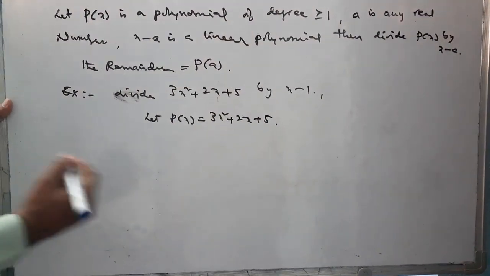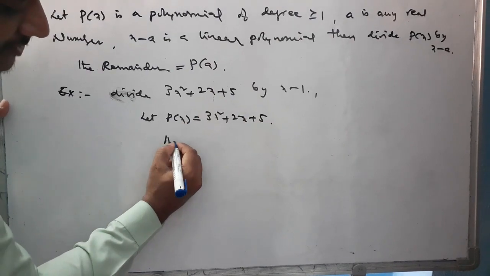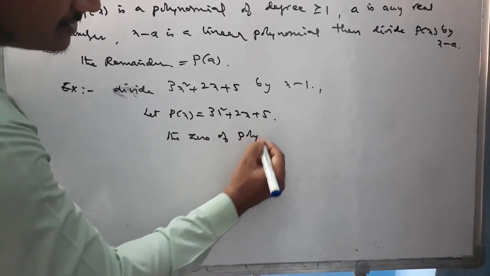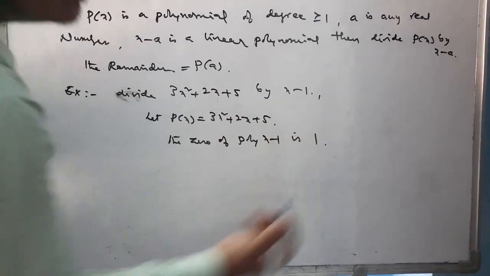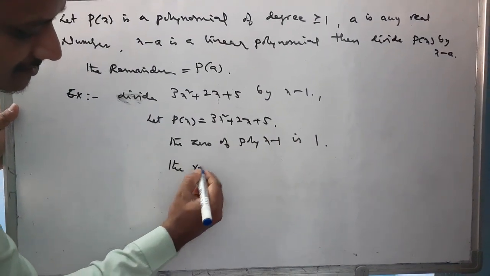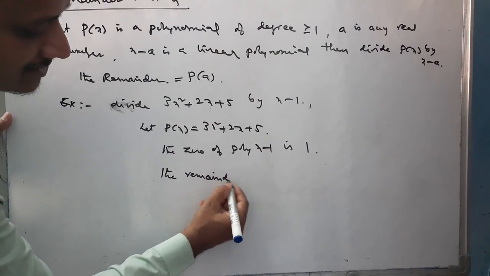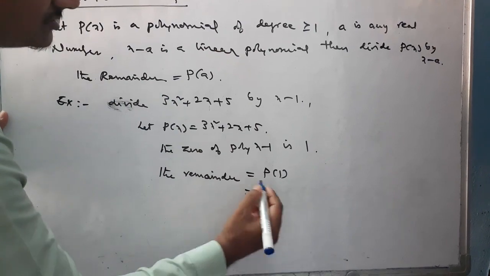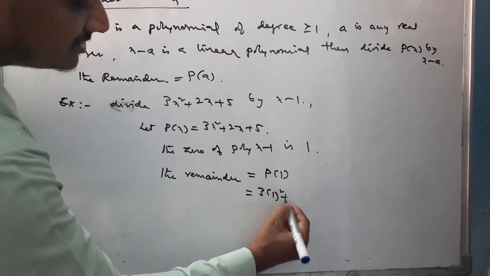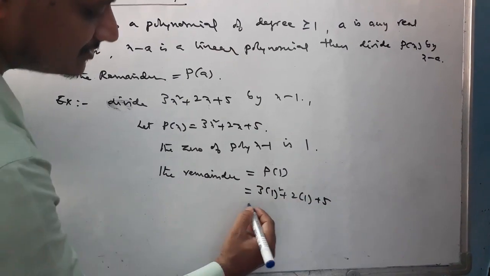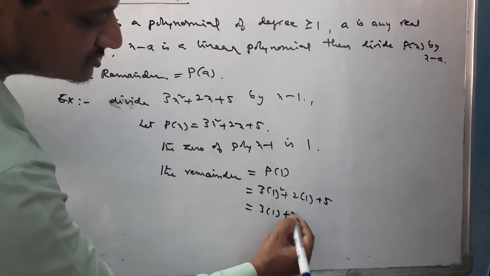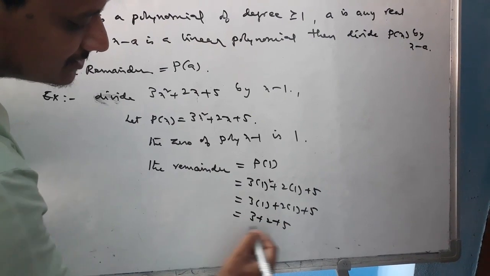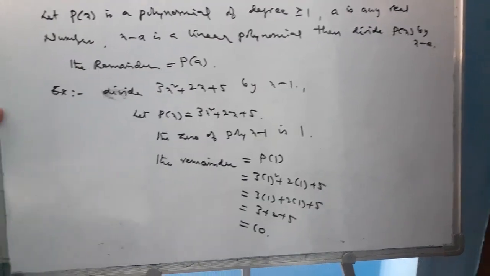Now for the remainder, the 0 of the polynomial x minus 1 is 1. The remainder is equal to p of 1, that is equal to 3 into 1 square plus 2 into 1 plus 5. So 3 into 1 plus 2 into 1 plus 5. So 3 plus 2 plus 5, that is equal to 10.